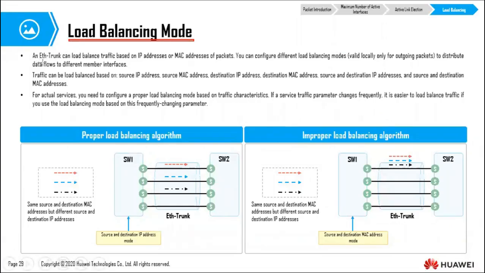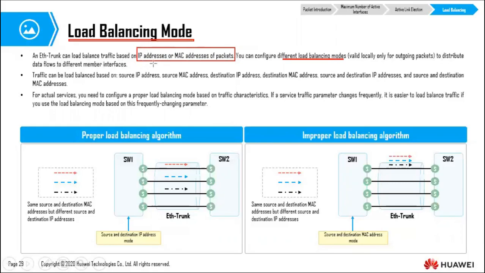So an Eth trunk can load balance traffic based on IP address or MAC addresses of packets. That's what I've said. So you can configure different load balancing modes. This load balancing mode will be valid locally only for outgoing packets to distribute data flows to different member interfaces.